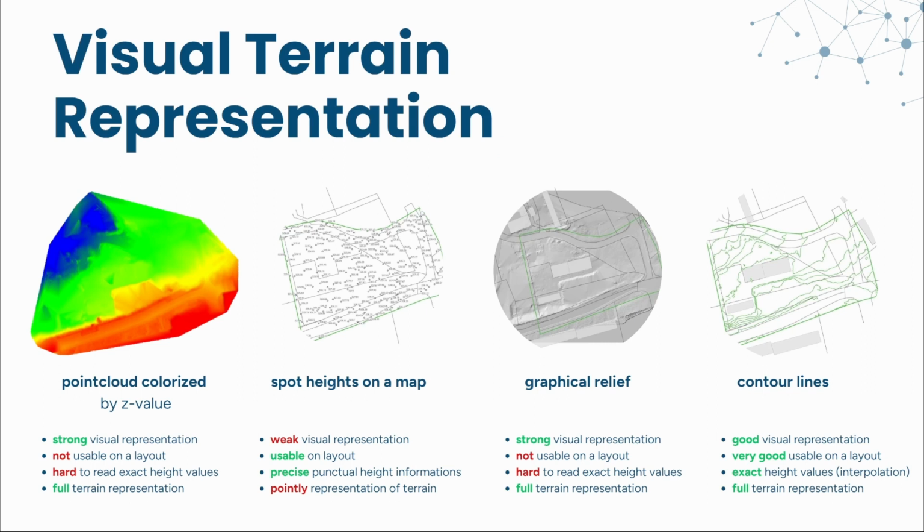Others are visually expressive, but less measurable. Contour maps stand out because they create one of the strongest balances between structure, clarity, and precision. So, before we move into the workflow itself, let us first look at different ways terrain can be represented and why contour maps became such a powerful language for understanding landform.